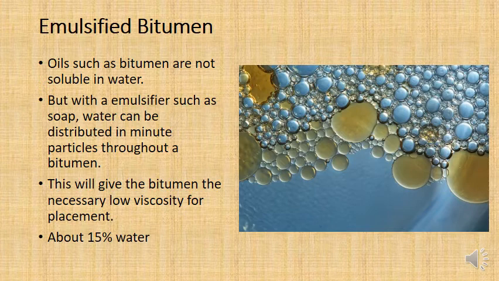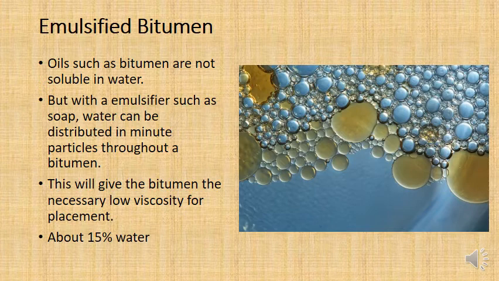An emulsifier basically breaks down the oil, in this case the bitumen, into lots and lots of tiny microscopic bubbles, similar to that picture you see on the right. And these oil bubbles or bitumen bubbles basically float in the water that comes with the emulsifier.